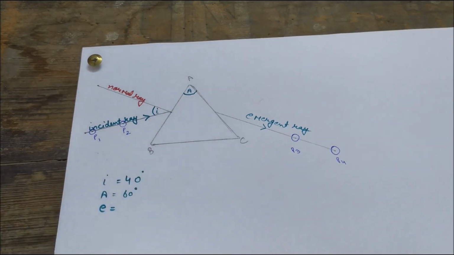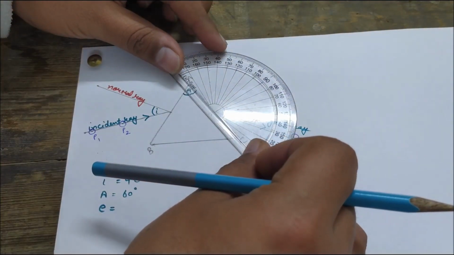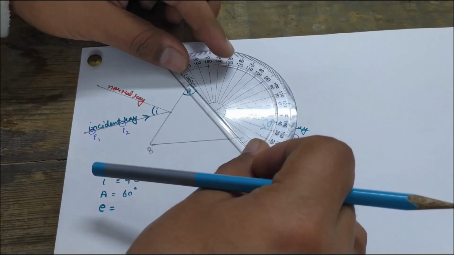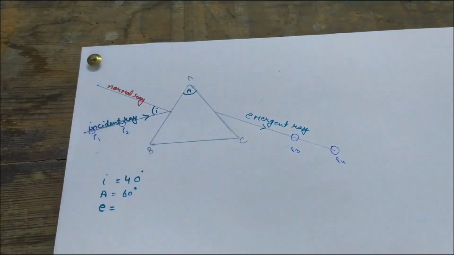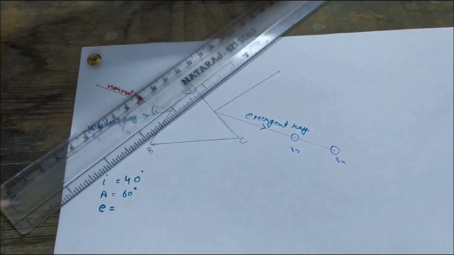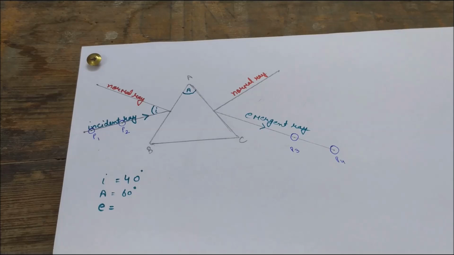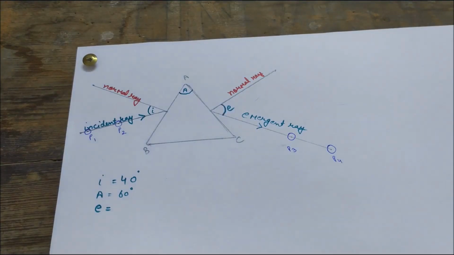At the point of intersection of the emergent ray and the side AC, draw a normal again using a protractor. Now E is the angle of emergence formed by the emergent ray with the normal. Measure the angle of emergence using a protractor.